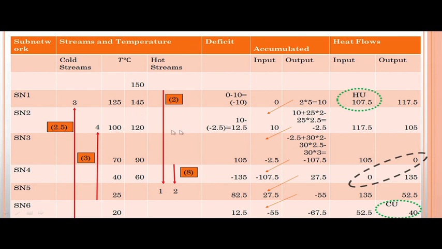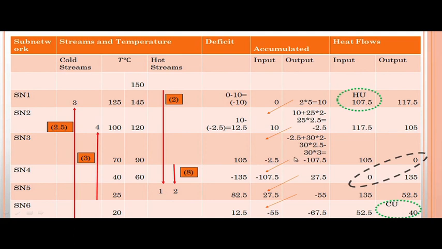We know the temperature difference. So, we do some small calculation the way it is given here. From there we get the output equal to minus 2.5. So, what will be the deficit? Input minus output, 10 minus minus 2.5, that is 12.5. So, that is our deficit.